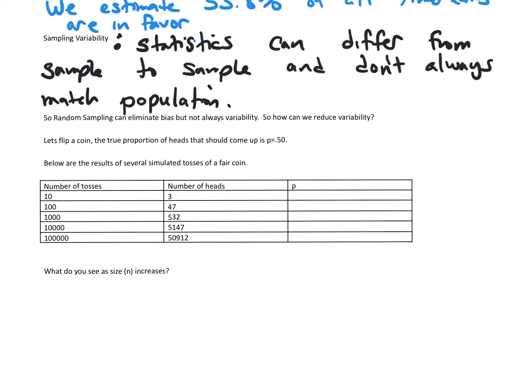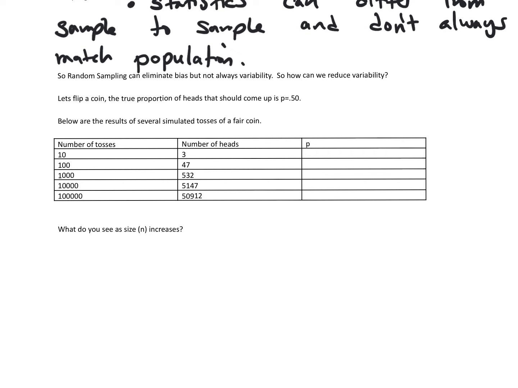So if I flip a coin, the proportion that should come up heads is 50%, because 50% heads, 50% tails. But if we think about this, if I do some number of tosses, so let's say I do 3 out of 10 tosses are heads. That means my p-hat is 0.3. That's almost 20% off, even though I was only off by 2 heads.